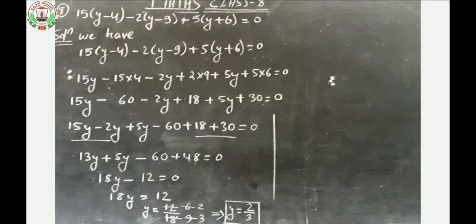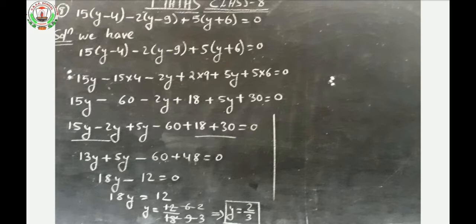Now 6 upon 9 is left. 6 upon 9 will again come in the table of 3 together, isn't it? So again it will be cancelled. So what is the answer of y after cancellation, that is y is equal to 2 upon 3. So here is the value of y for question number 8, that is y is equal to 2 by 3.